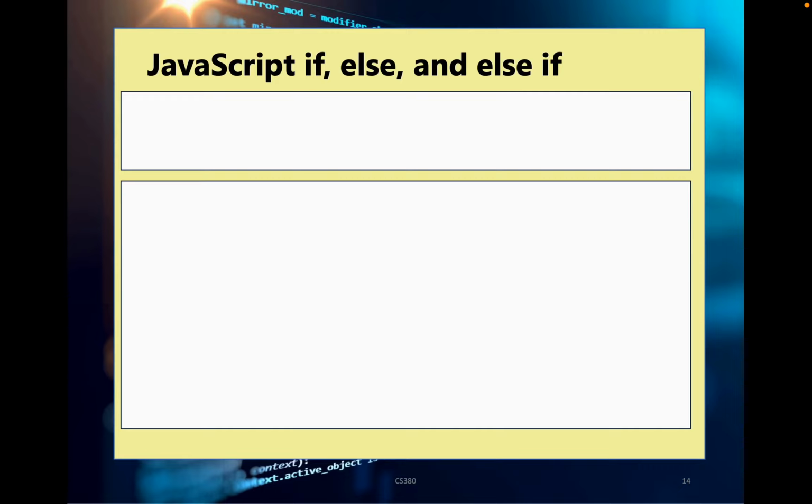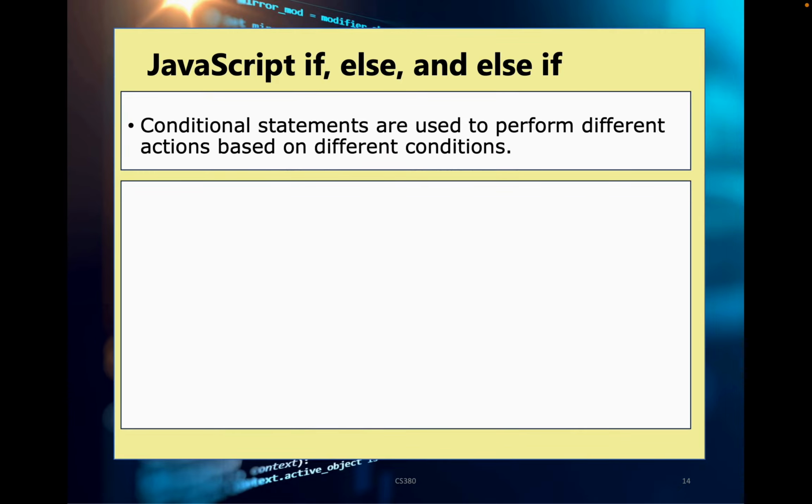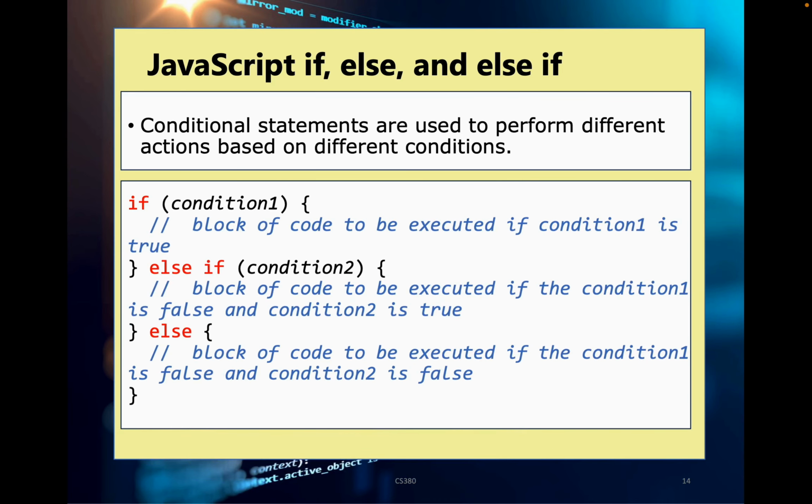Now if we talk about JavaScript if, else and else if statements, then these are conditional statements that are used to perform different actions based on different conditions. This is the way we can write and execute these statements. Like we have three conditions or two conditions over here.